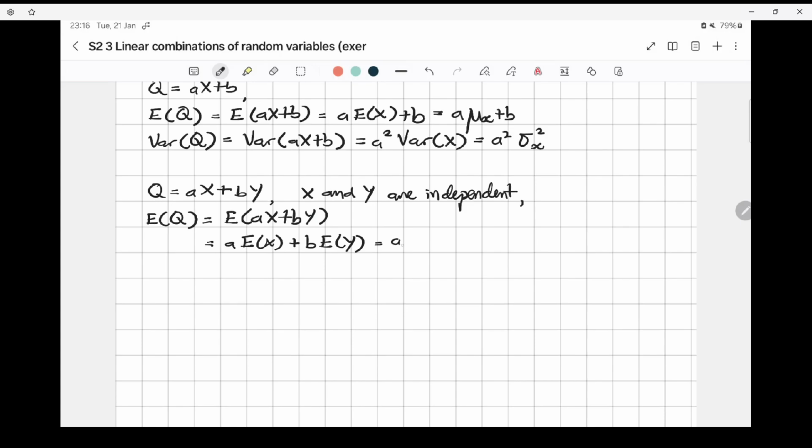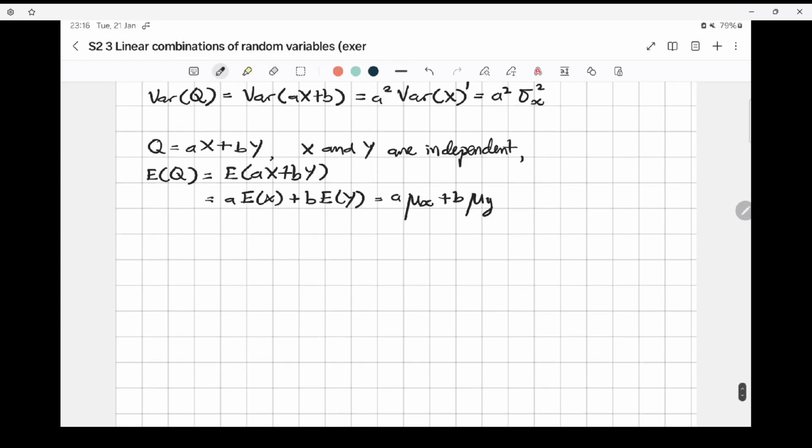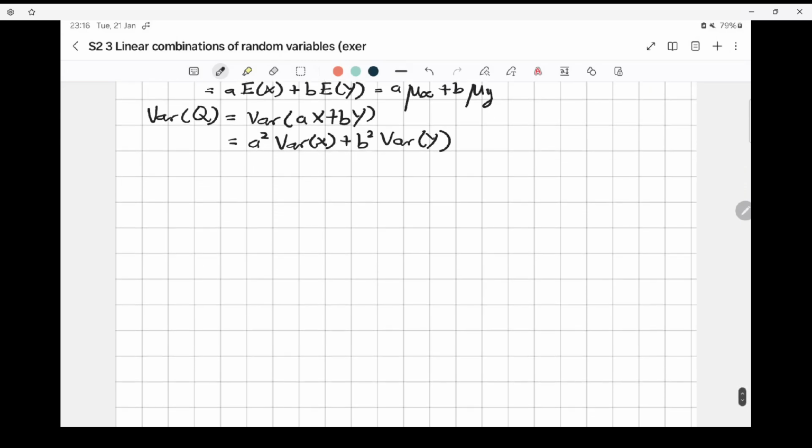So this will be a mu x plus b mu y. The variance of Q would be the variance of aX plus bY. So this will be a squared times the variance of X, plus b squared times the variance of Y. Or you can write a squared sigma x squared plus b squared sigma y squared.